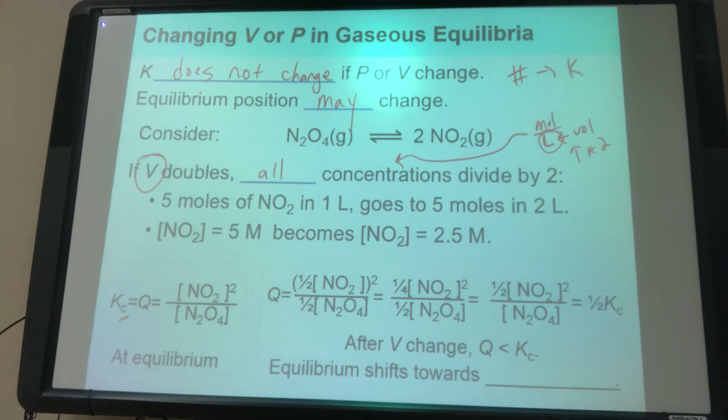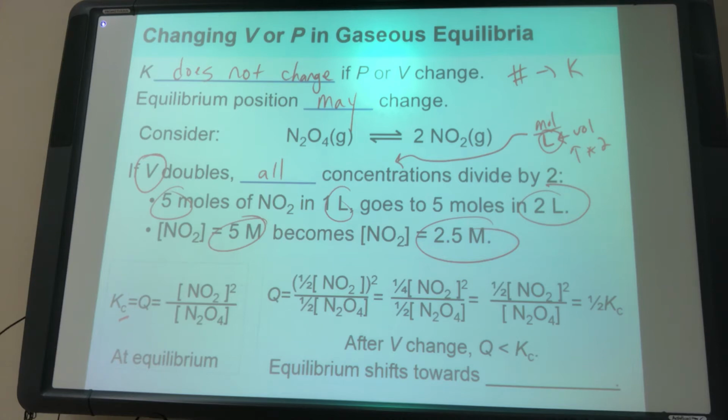All right, so let's look at this. If I had 5 moles in 1 liter, then that was 5 molar. But now if my volume doubles, now it's 5 moles in 2 liters, now it's 2.5 molar. So my concentration is going to divide by 2. So let's see what happens with the equilibrium. So here's my Kc.